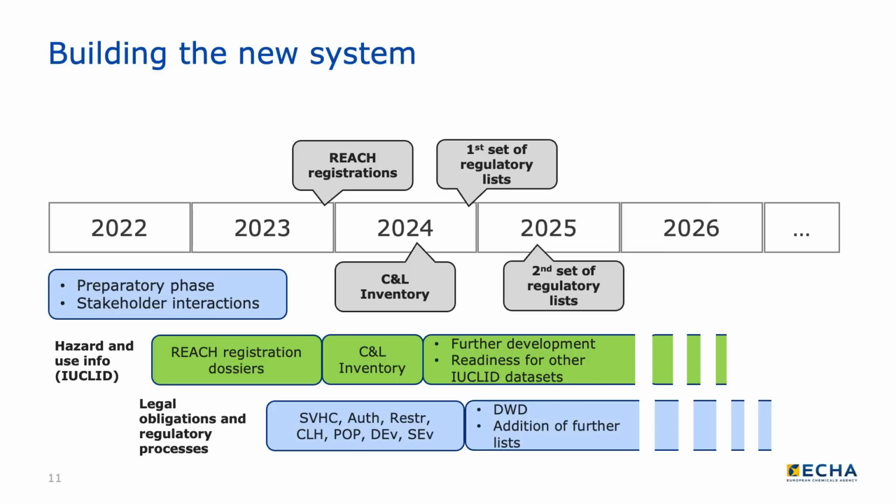This will include, for example, the substances of very high concern, authorization and restriction lists, and processes, as well as a variety of other processes and legislative outcomes. The first set of regulatory lists will be followed by further additions and readiness to easily onboard new tasks, such as the Drinking Water Directive.